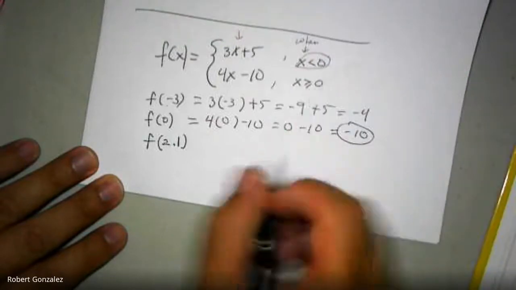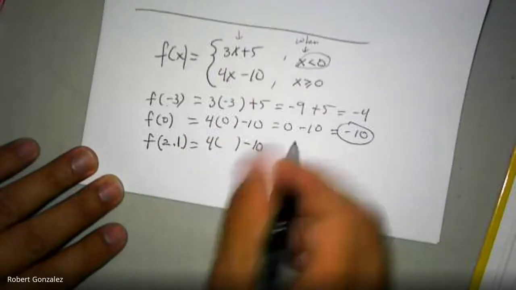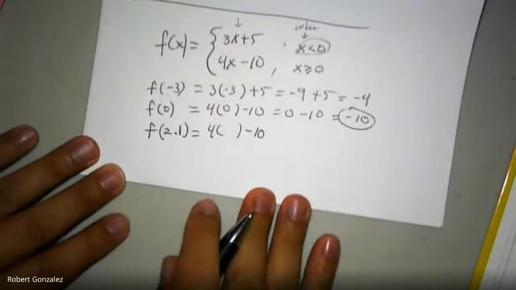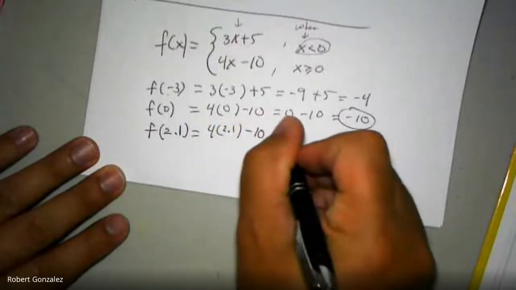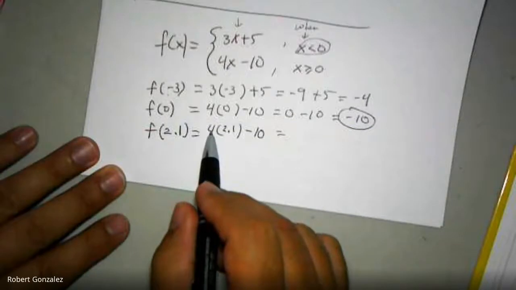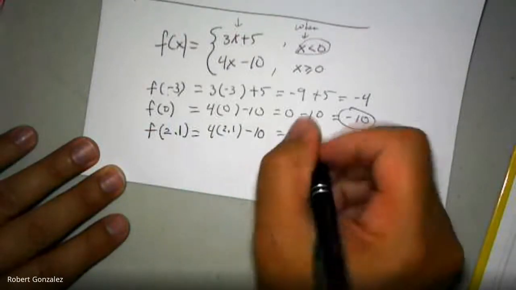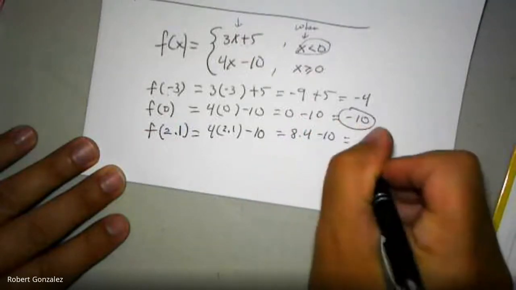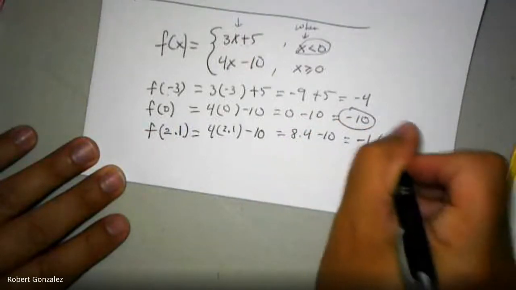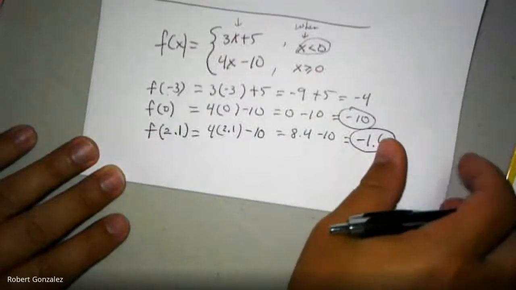It's greater than 0, so I'm going to rewrite the same type of expression I did earlier, and we're going to put in the 2.1 here. Let's see what happens. 4 times 2.1 is 8.4. And my answer is negative 1.6. All right. You guys were all right on that one.